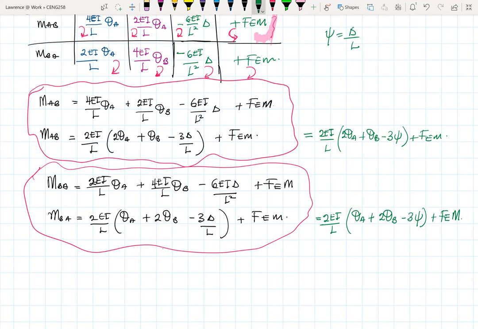These two equations, equation 1 and equation 2, are what you will need to solve for any particular beam that has two nodes. The more the nodes, the more the number of equations we end up with.